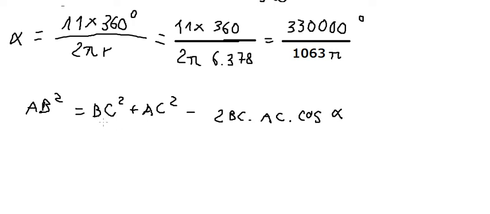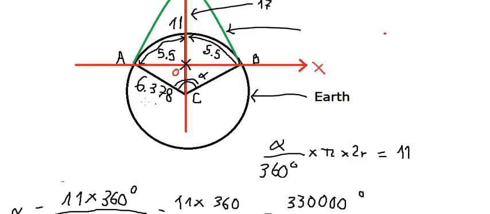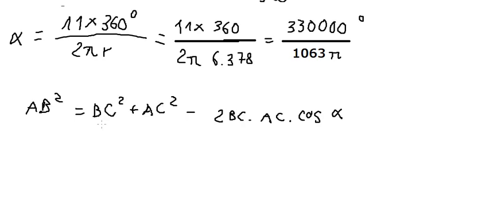So BC and AC are both the radius of the Earth. This is 6.378.